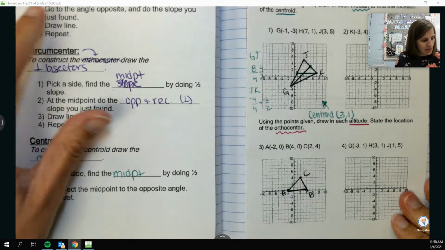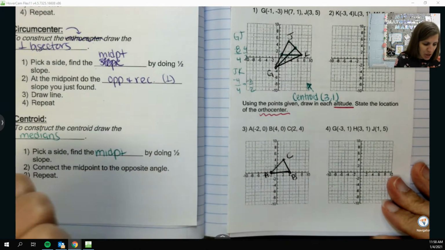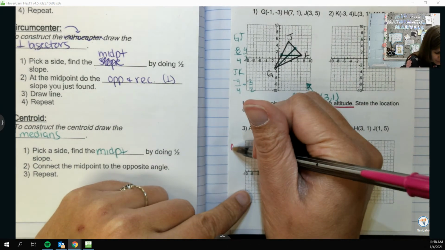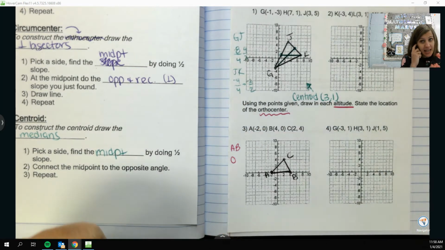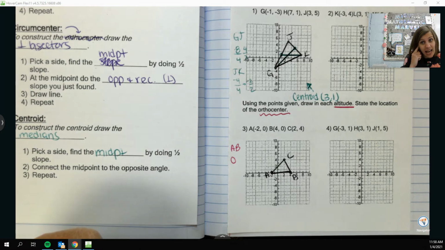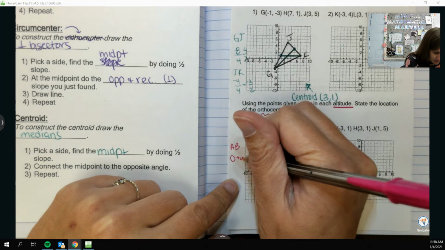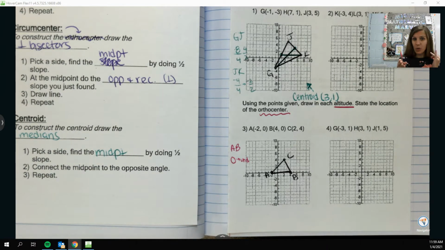Okay, so when I'm trying to find the altitude, I need to pick a side and find the slope. So kind of an easy side to pick is AB, because that slope is 0. And the opposite reciprocal of that is kind of undefined, which just means that instead of a horizontal line, it'll be a vertical one.